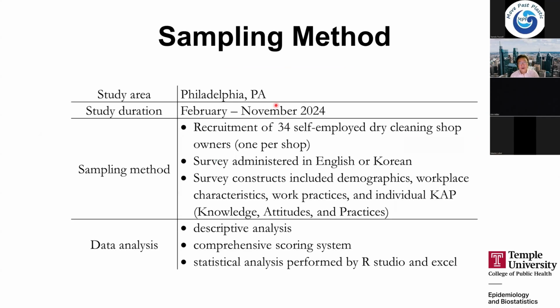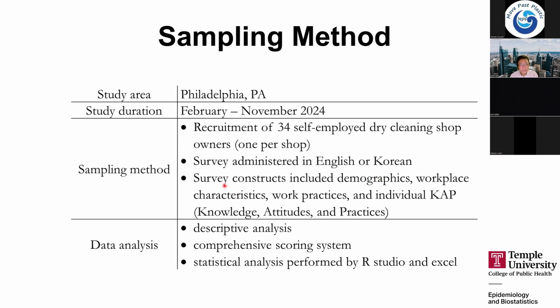So this is just a brief overview of the study method in this study. We administered the survey in English and Korean because in this location, many of the dry cleaning shops are owned by the Korean population.